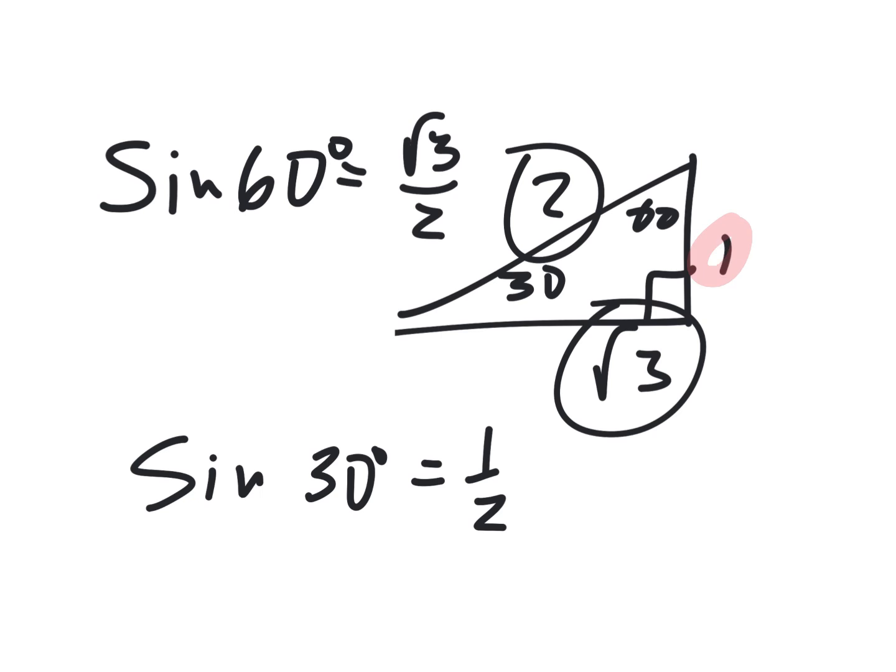Sine of 30 would be the opposite over the hypotenuse, 1/2. So you can do sine, cosine, and tangent of any of the biggies, which is 30s, 60s, 45s. You can also do 90s pretty easy, and like 120s, the quadrantals. That's just 2 60s. So if I needed that, that's easy. There's sine of 60.